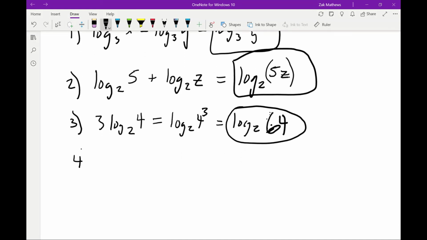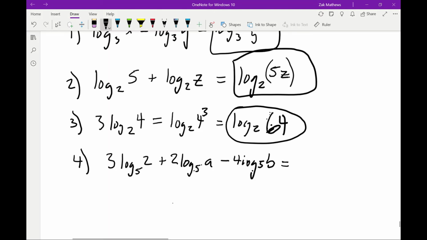Let's make these a little bit more challenging. Let's say we have 3 log base 5 of 2 plus 2 log base 5 of a minus 4 log base 5 of b. Alright, so we see addition, we see subtraction.